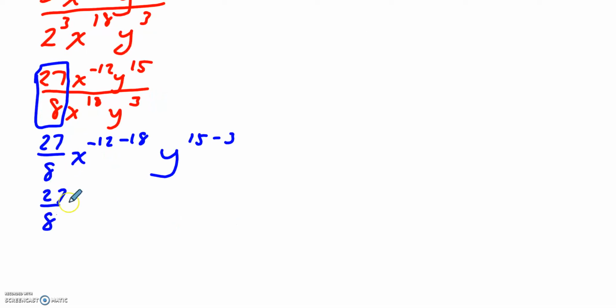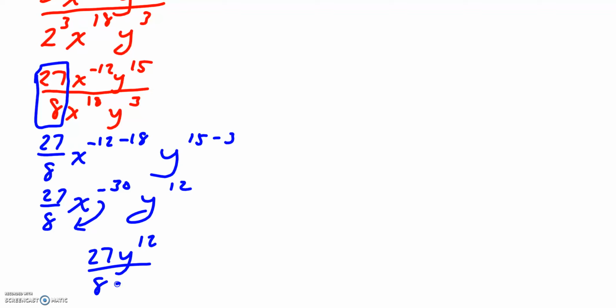So I'd have 27/8, x to the negative 30th, y to the 12th. Because this is negative, it has to flip down in order to be correct. So my answer would be 27 y to the 12th over 8 x to the 30th. Final answer. Because I cannot take anything out, 27 and 8.